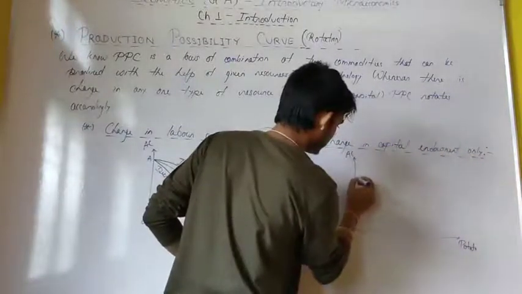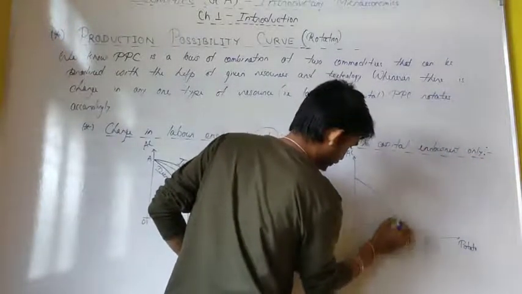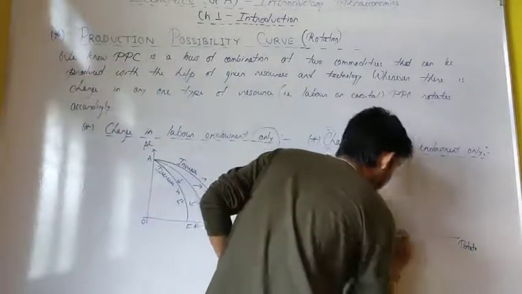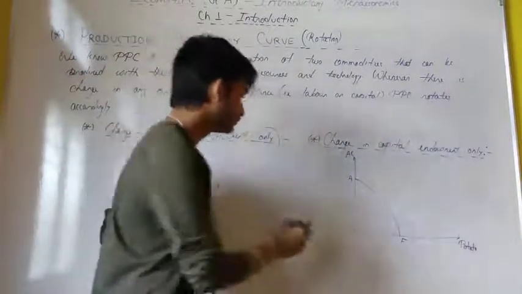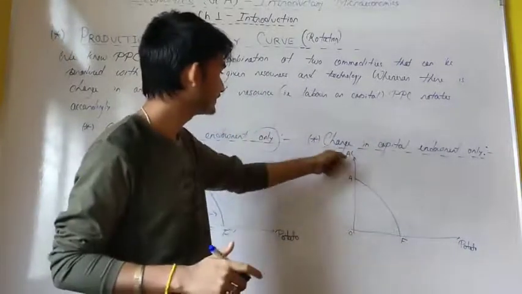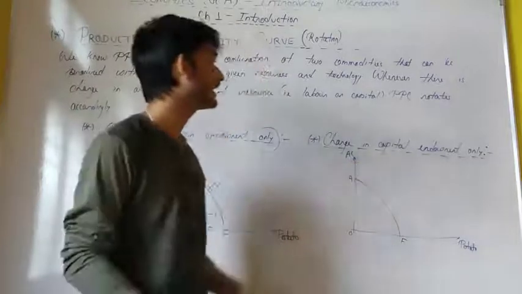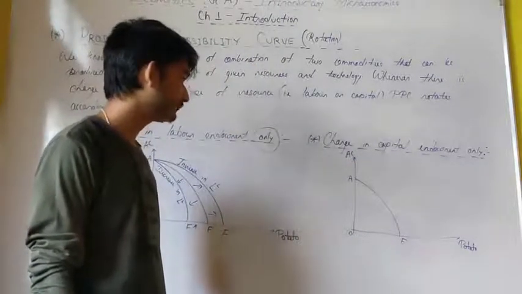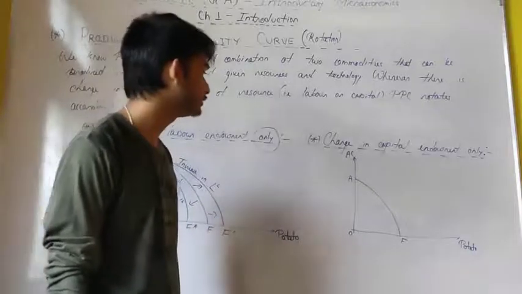Here I am drawing the PPC, which is our AF. Now the focusing point is that the changes are associated with capital endowment only. Now let's first concentrate on the positive change.